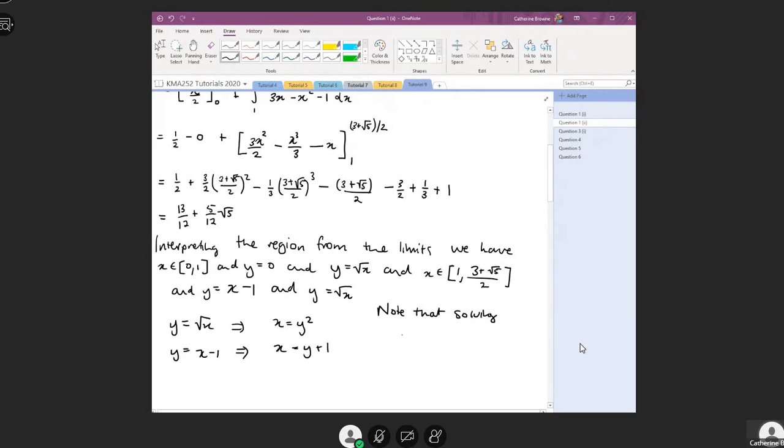So if we solve the square root of x is equal to x minus 1, that gives that 0 is equal to x squared minus 3x plus 1. So if we solve for x using the quadratic formula, we get 3 plus or minus root 5 on 2. And so that's where this limit has come from, where those two lines intersect.